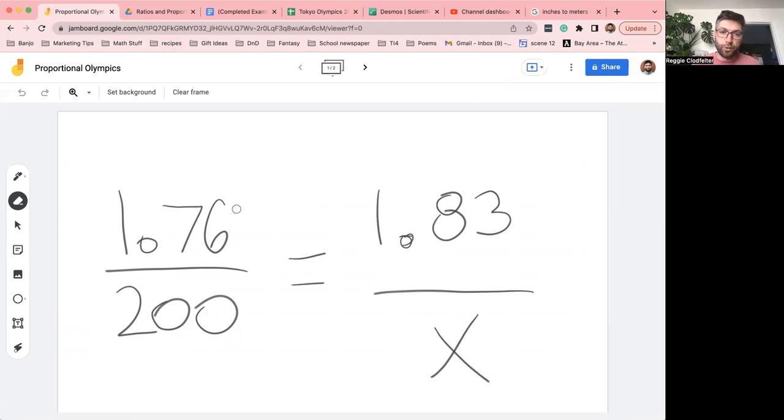So now we can cross multiply and divide. The first thing we're going to do is multiply your event distance, for me 200, by your height, 1.83, and that is 366.